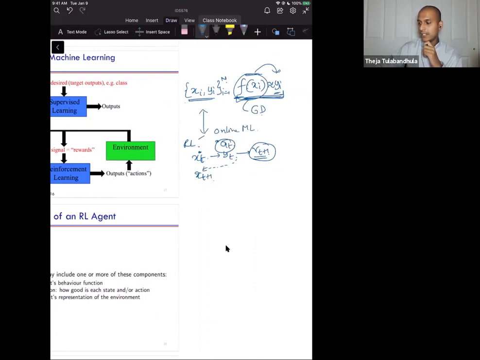In supervised learning, you had the full data set a priori in the training phase. Here, you start interacting with the environment, you start collecting data, and this data is dependent across time. For example, the feature vectors that you see are like a time series: xt plus 1 could depend on xt, and xt plus 2 depends on the previous one, and so on. But there is learning.